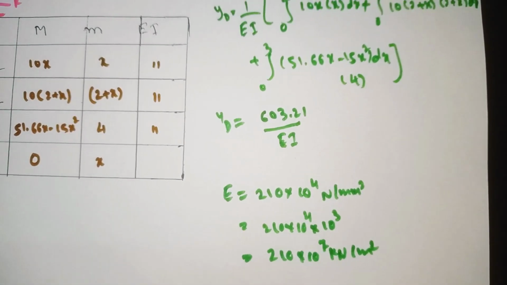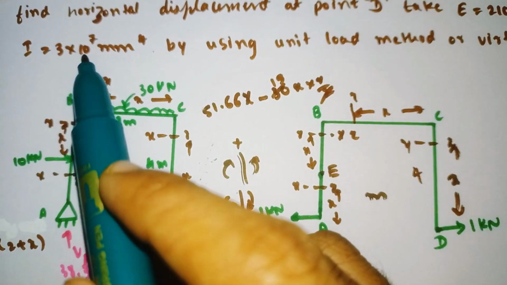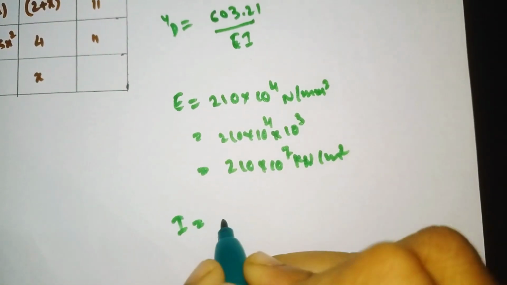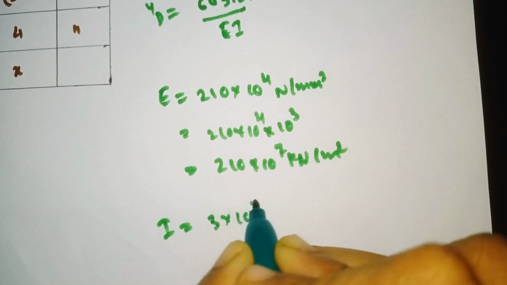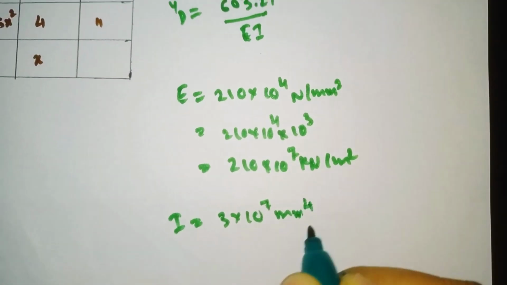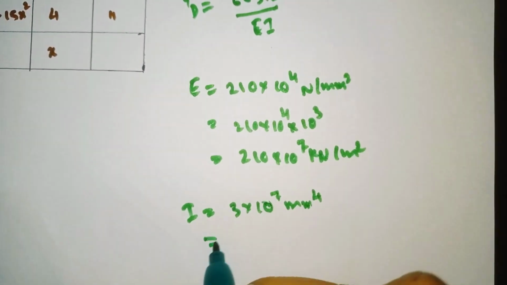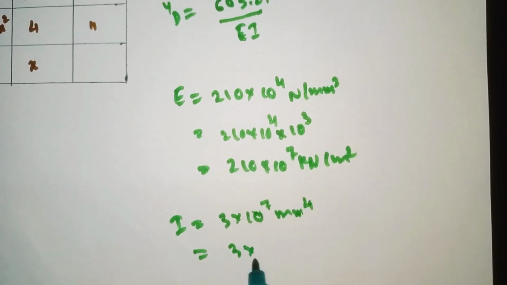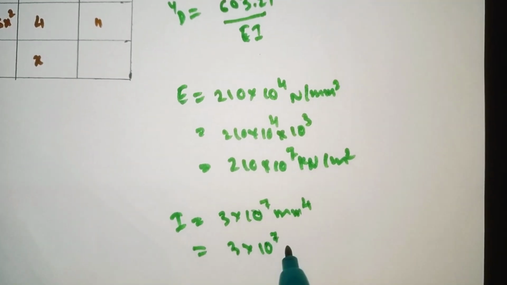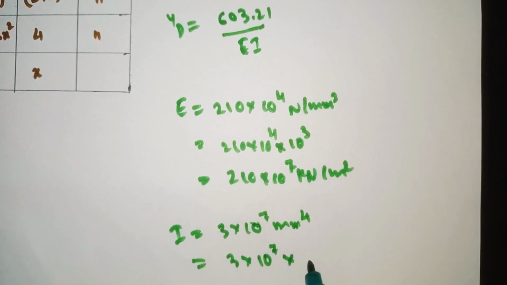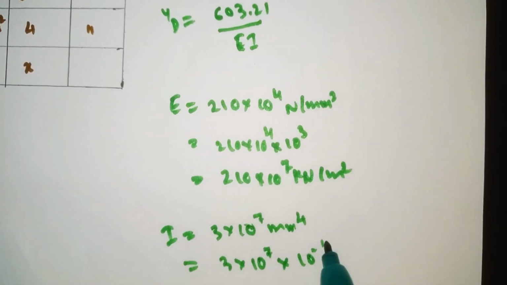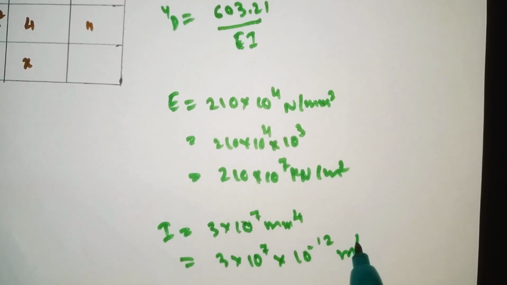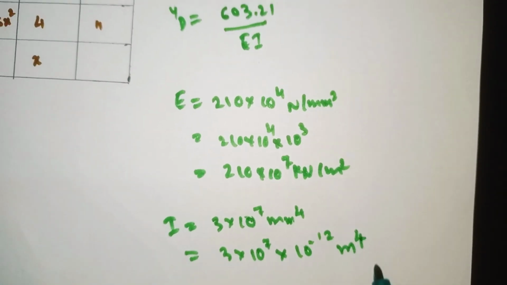Similarly for I, we got the value of 3 into 10 to the power of 7 mm to the power of 4. We need to make it meter to the power of 4. To do that, multiply 3 into 10 to the power of 7 by 10 to the power of minus 12.